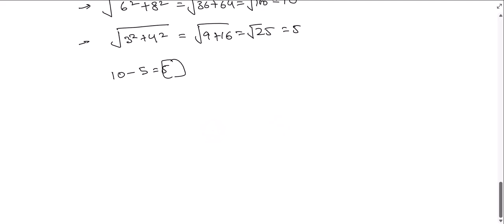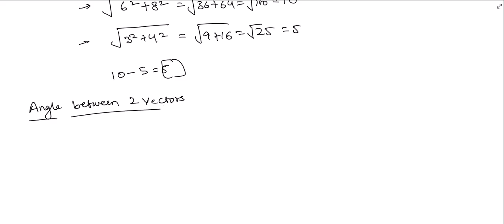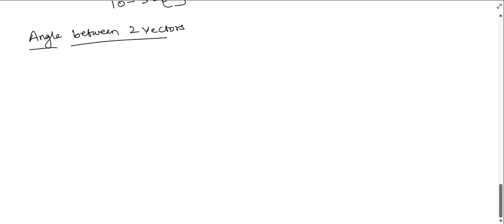Okay, let's move on to the next topic, which is the angle between two vectors. Now let's say you are given again a vector A and vector B, and these are passing through the origin.